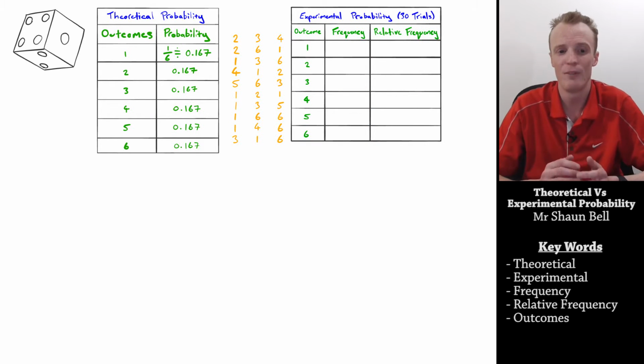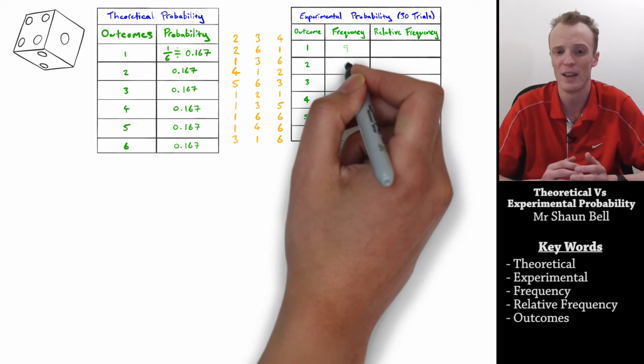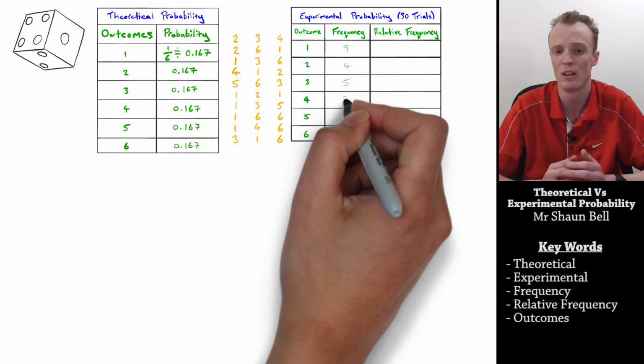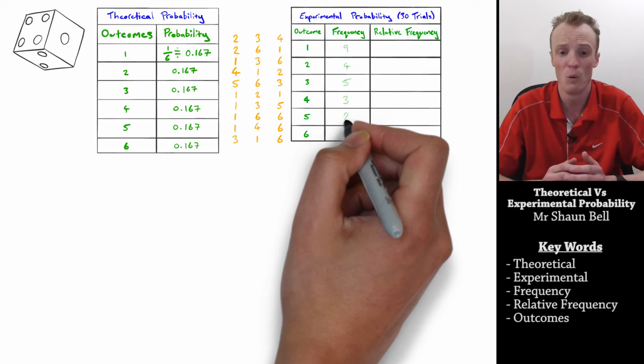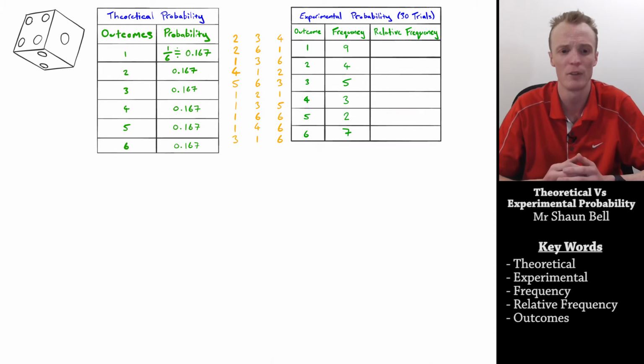To do that, I first tally up how many of each outcome occurred in my 30 trials, and I can record it in a table like the one I've got here. Then, to calculate the probability based on the experimental data, those 30 trials, I divide the number of times the outcome met our success criteria by the total number of outcomes of our trials.